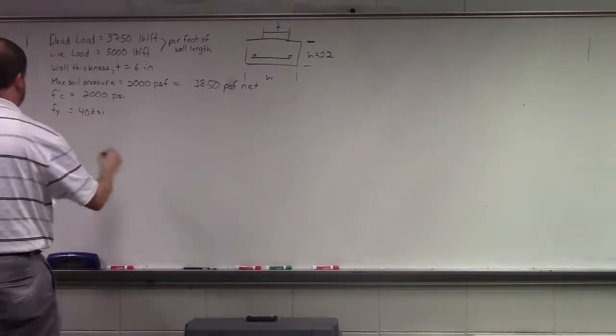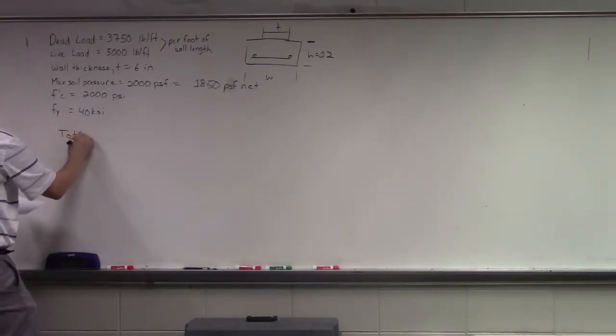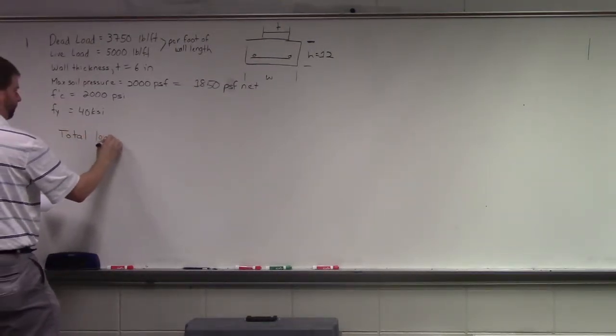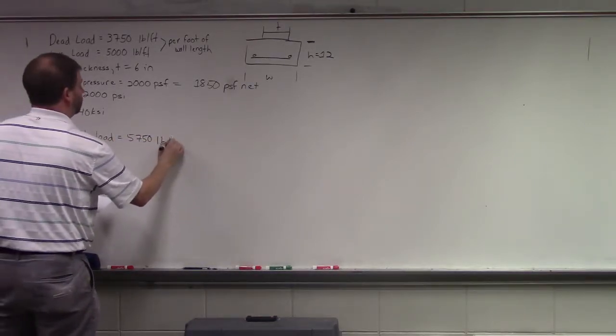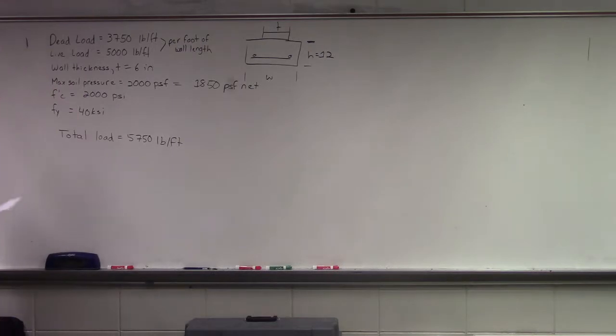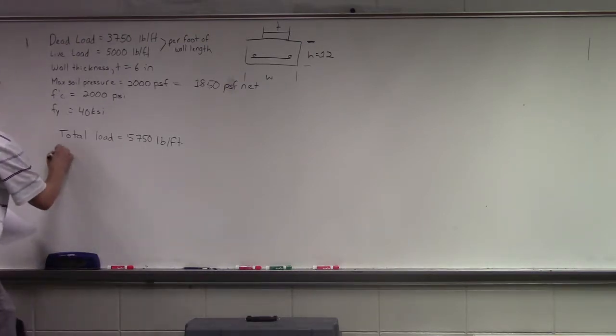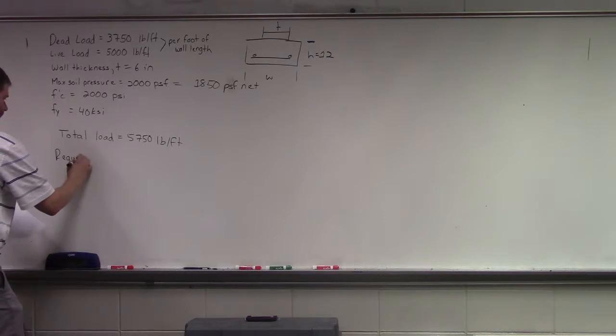We figured out that the total load was 5,750 pounds per foot, right? Because we didn't have to factor for our soil pressure. Then we were able to calculate our required footing width. So that's number 4.